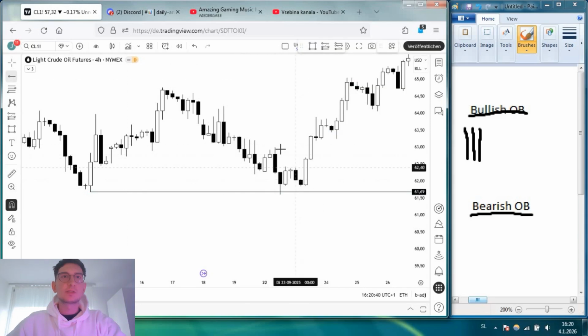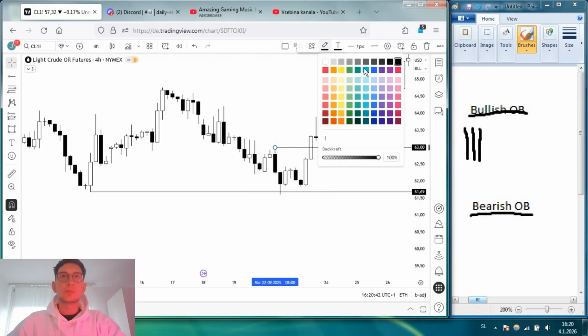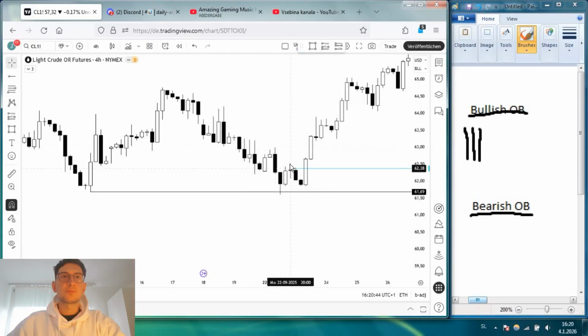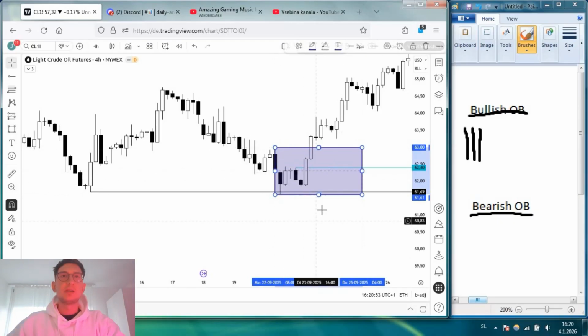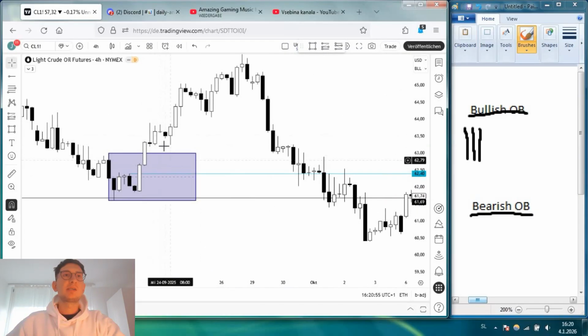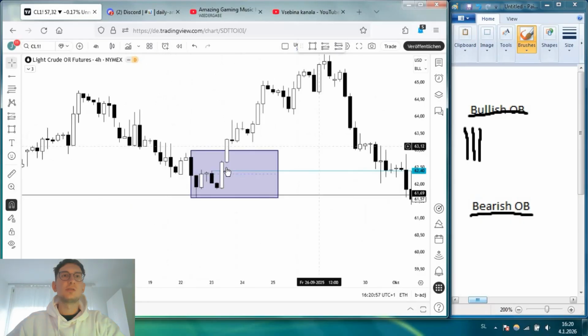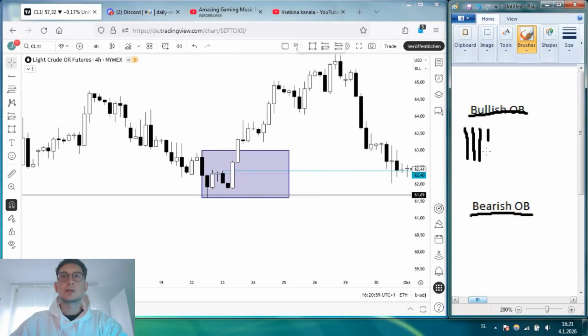Then we have break of structure. Where do we have it? We have it with this candle, okay? So the last move down before the break of structure is an order block. It's this one. Okay, the price doesn't touch it, but instead just continues higher, okay? But yeah, that would be an order block.